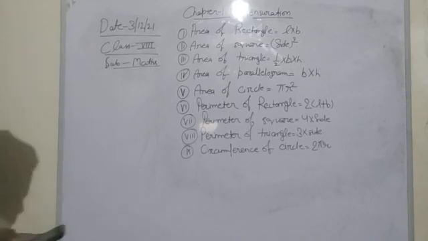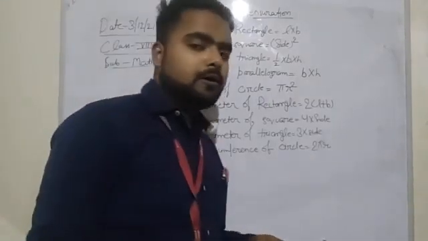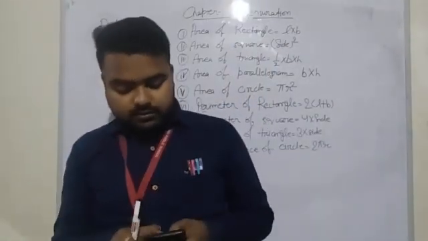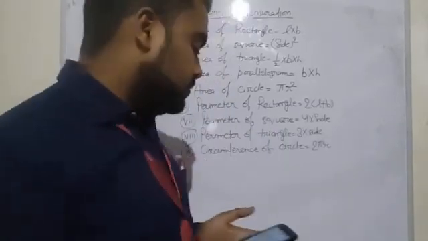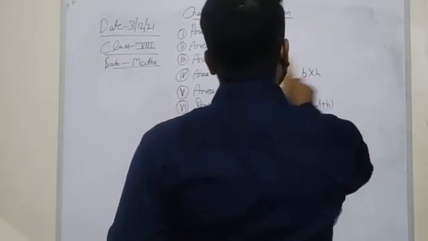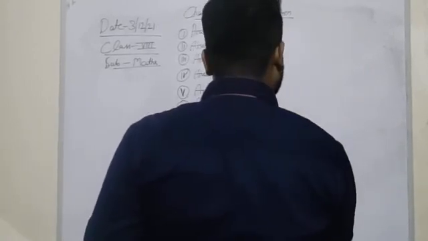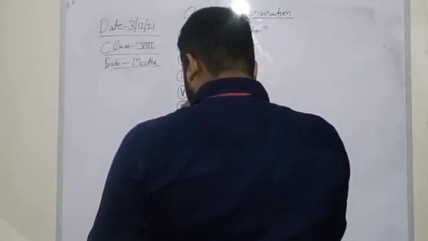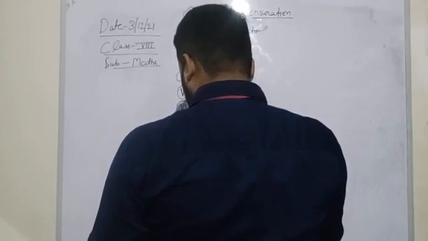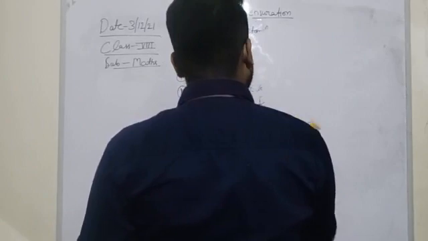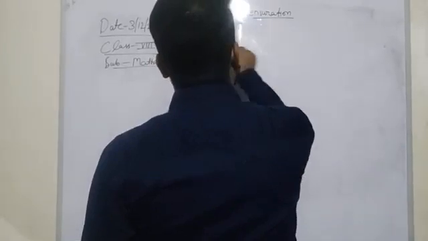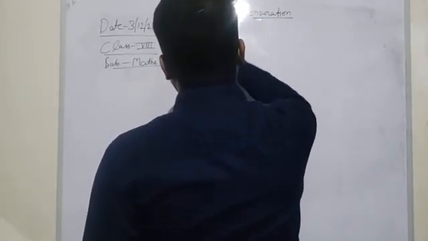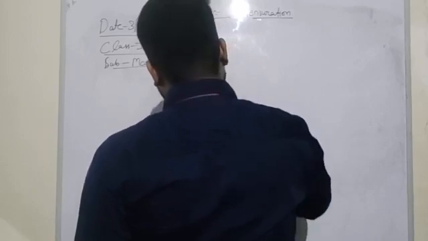Now I am going to start the first exercise of this chapter. So the first question comes here. We have two figures. One is of square and the other is of rectangle. The measurement of side of square is given, and the length of rectangle is also given.